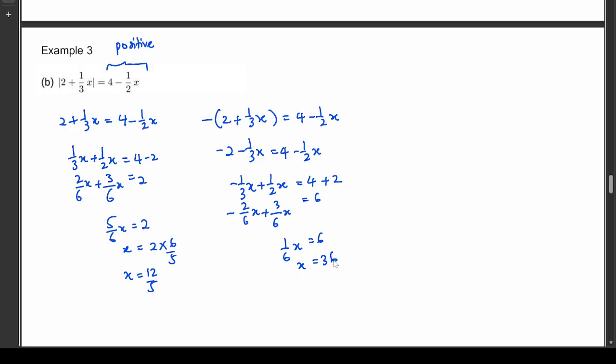So when you check with 36, you sub in x equals to 36, this one you actually get 4 minus 18, right? Which is basically negative.